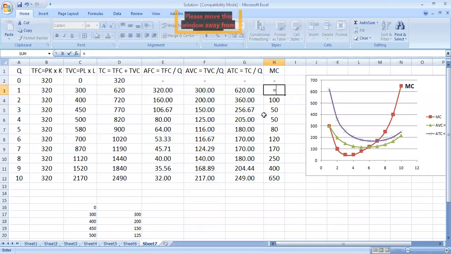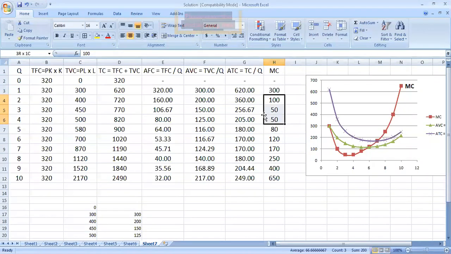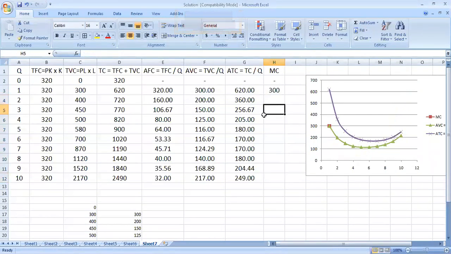Think about marginal product of labor. It is change in total output. 620 minus 320, the answer is 300, divided by output. It is 1 minus 0, right? Change in total cost divided by change in output is called marginal cost.